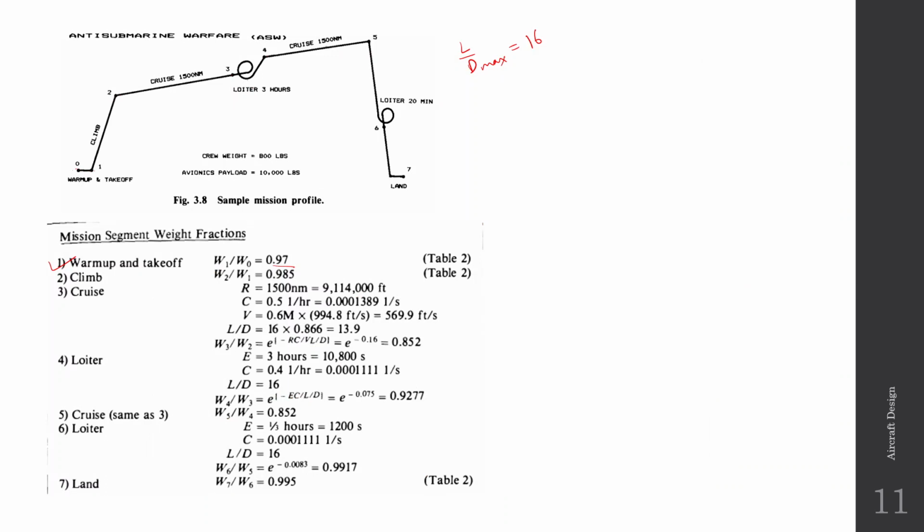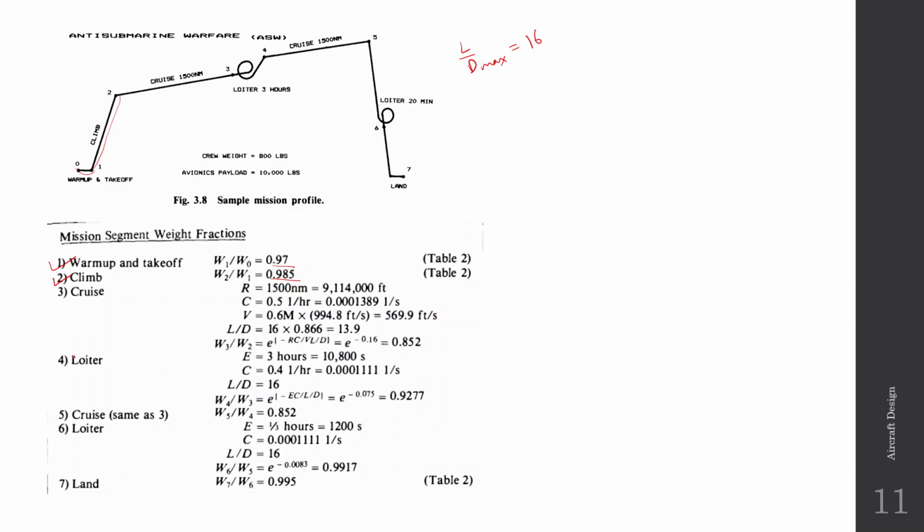Now, one more thing: when your aircraft has been designed in detail, you can refine these estimates to get a better idea, but generally these are the values. So for initial design you can consider these numbers. As we saw, for climb we can assume 0.985 from historical data. So we have done 0 to 1 and 1 to 2.